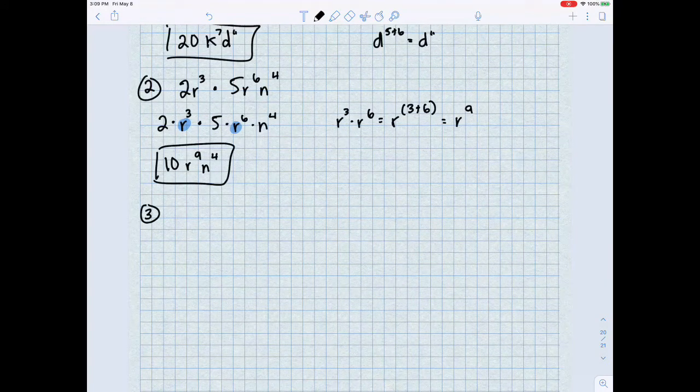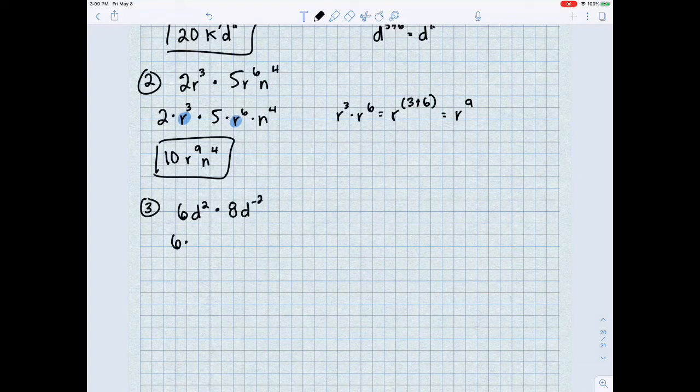I want to take a look, maybe there's some negative exponents here. Ooh, yes. All right. 6d squared times 8d to the negative 2 power. So I guess let me rewrite this. So 6 times d squared times 8 times d to the negative second power. Well, the d's are the same base, so that means I can use my rule here.